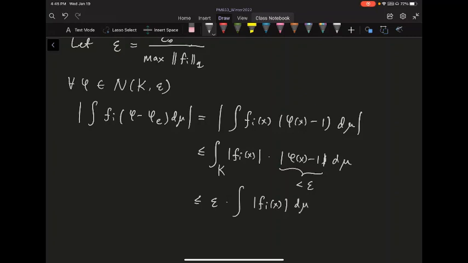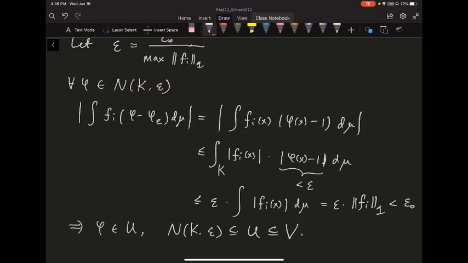So this is epsilon times the one norm of fi, and this whole thing is less than epsilon 0. In other words, all of these phi inside N(K, epsilon) are also inside this space U. So N(K, epsilon) is contained inside U, which is contained in V.